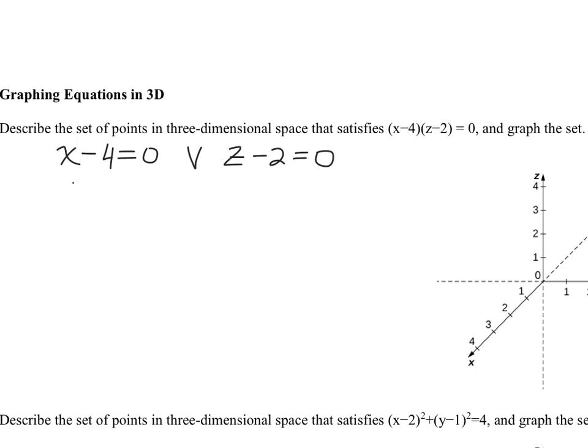So we have two possibilities: x is equal to 4, or z is equal to 2. So this actually doubles as our domain, because these are the values that satisfy this equation. We're limited in what we can work with here, because x equals 4 will satisfy this equation, but x equals 4 is not just a point on a graph.